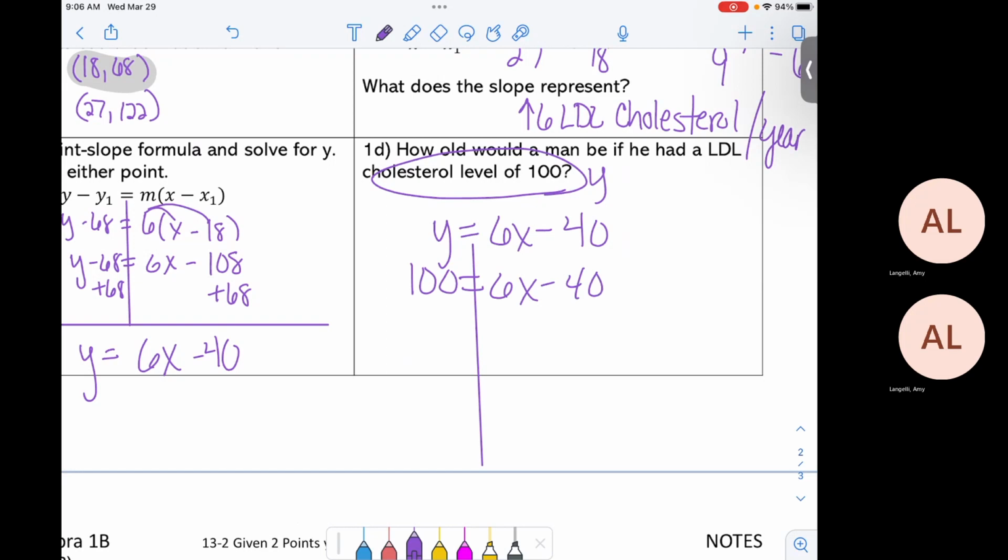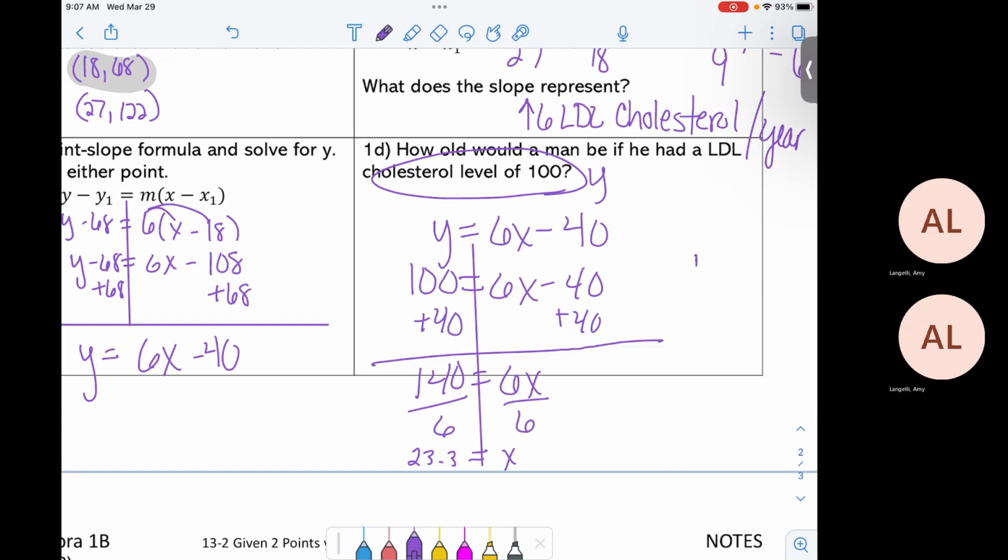Okay, how do I solve for x then? What's 100 plus 40? 140. And then what do we do to get x by itself? Divide by 6. What did you get? Okay, 23.3 repeating equals x. So what would we say then? What does that represent?